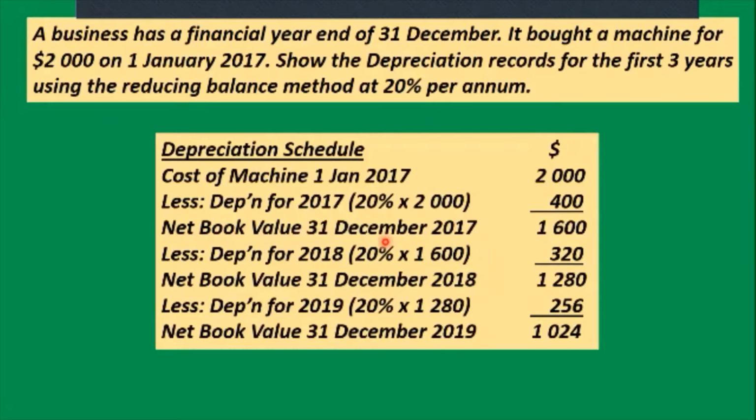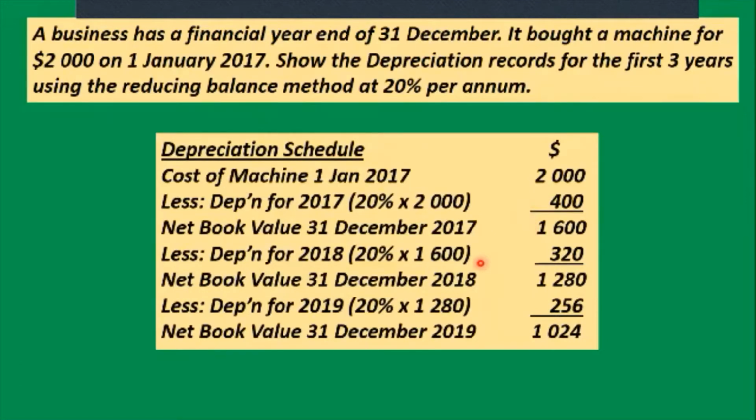Okay. Now, when we get to the end of the next year, 2018, we will calculate another 20%. But this time it's not 2000, it's only 1600, the reduced balance. The balance has been reduced for depreciation in 2017.